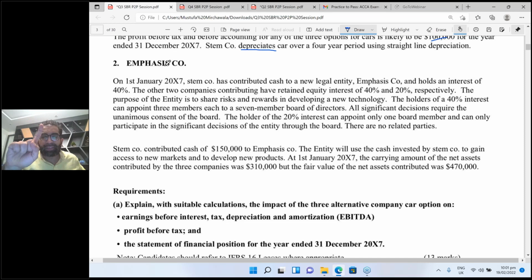This is a must. Now there are two types of joint arrangement. One is joint operation and the second is joint venture. In a joint operation, normally we don't create a separate legal entity. Normally the investors bring their own assets and share them, they share the revenue directly, they share the cost.